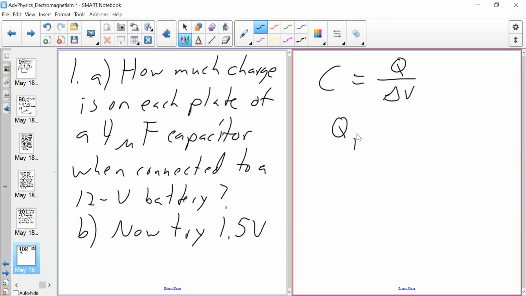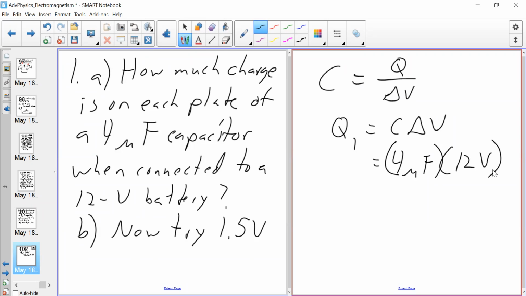So Q1, or QA, is going to be C delta V. That'll be 4 microfarads times the 12 volts. We want to put everything in terms of the basic unit, so 4 microfarads becomes 4 times 10 to the minus 6 farads. Or we could leave it and report it as microcoulombs, but usually charge is measured in coulombs.